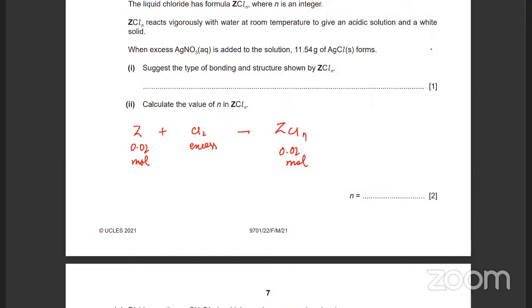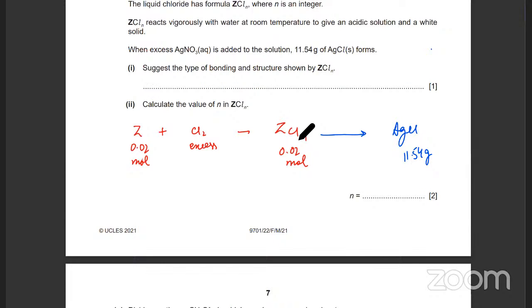I don't know how it's going to react with water, but what is happening is that the Cl ions when ZClN reacts with water, all of them eventually turn into AgCl. And it's 11.54 grams. So the assumption is that all the Cl ions are coming from this compound.